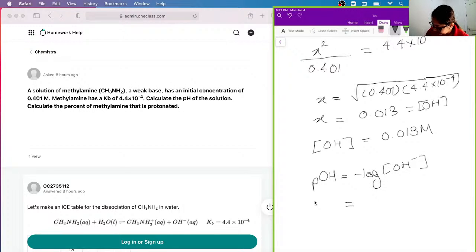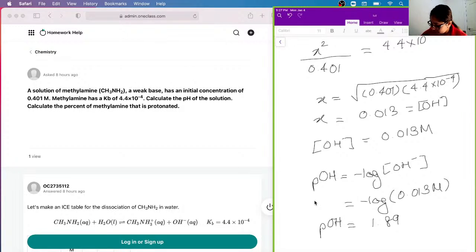And so the negative log of 0.013 molars, you basically get 1.89.